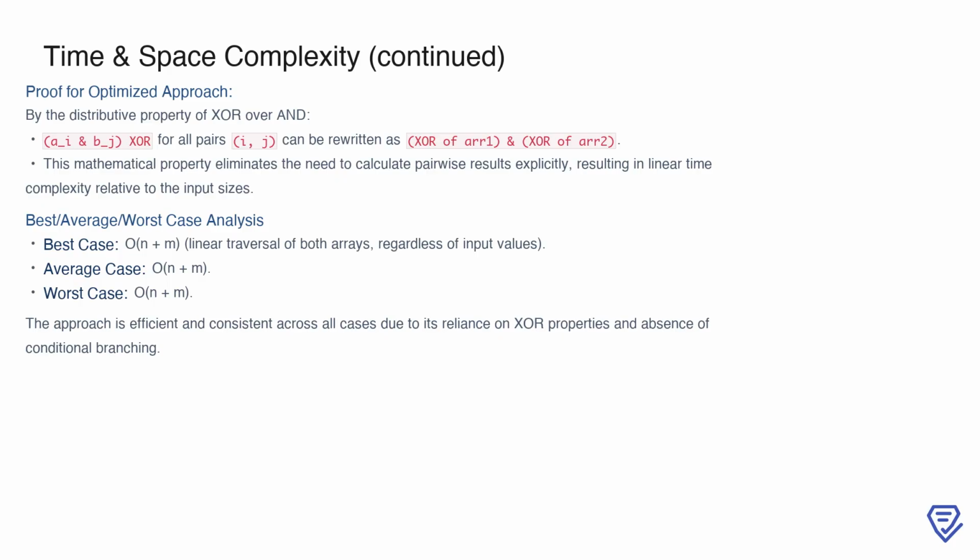Furthermore, this approach ensures consistent performance across all cases. Whether the input arrays contain large or small values, the best, average, and worst case time complexities remain O(n plus m), as the solution relies solely on linear traversals and constant time operations. This makes the approach not only efficient but also robust and predictable in its execution.